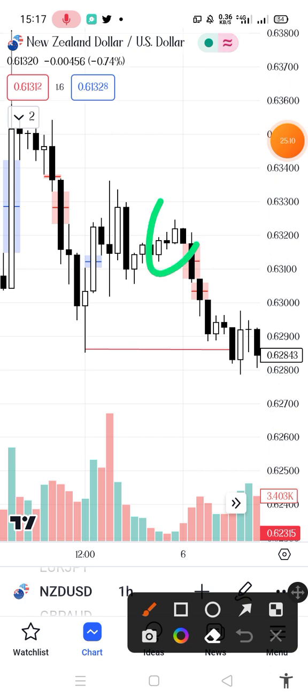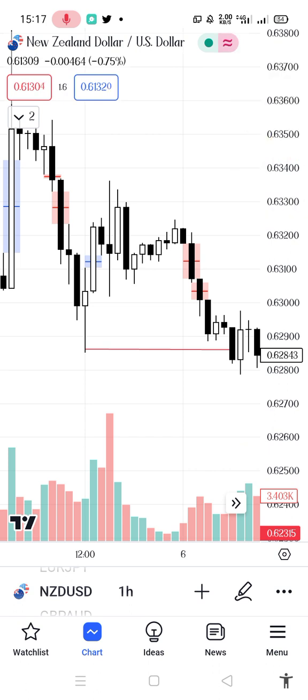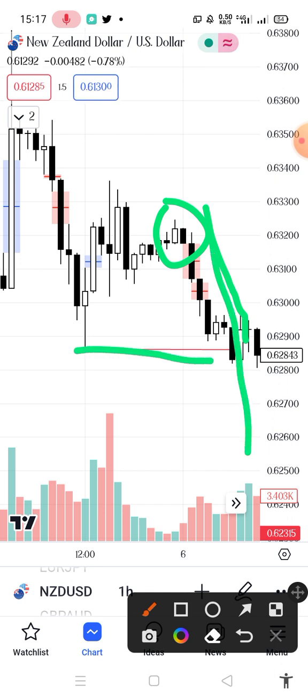The last bullish candle before this impulsive move comes and breaks this structure is another block. Let me go again. The last bullish candle before that impulsive move or expansion that now breaks this red line, breaks this structure here, is the order block.